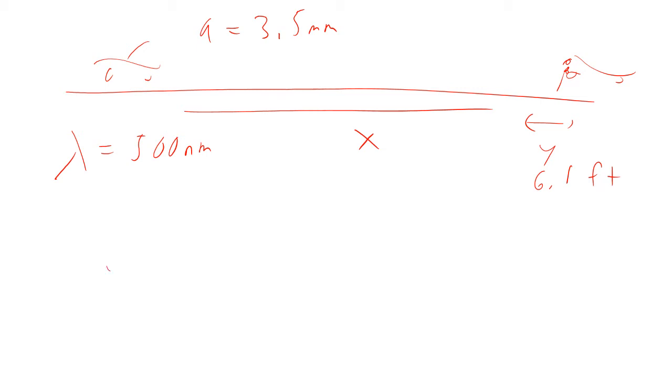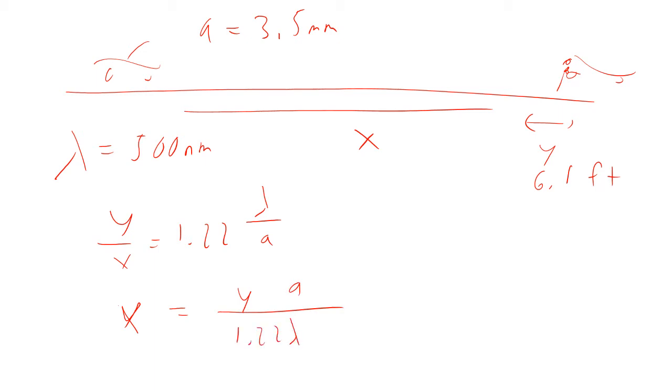Well, we just figured this out. Y over x equals 1.22 lambda over A. So x is going to be that distance right there, equal to y A over 1.22 lambda.